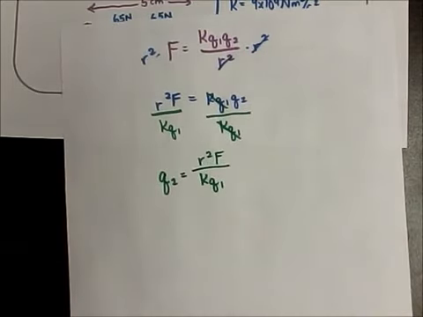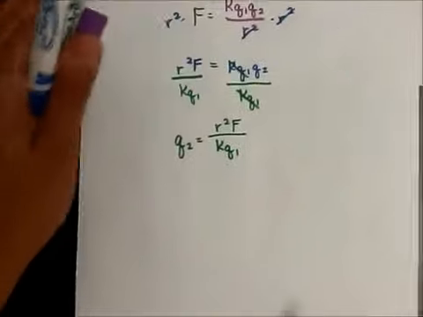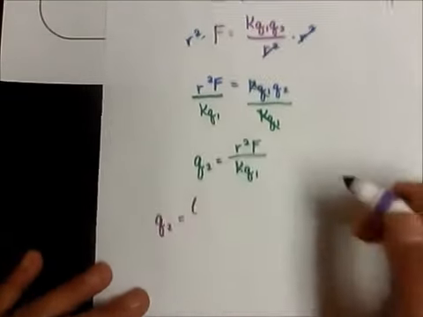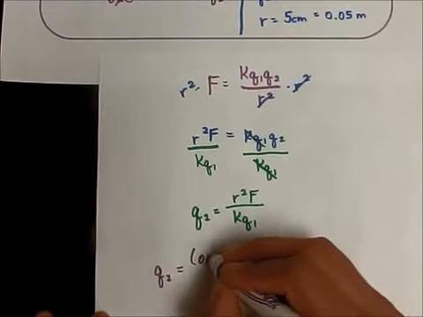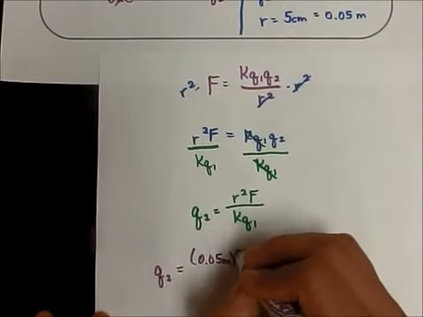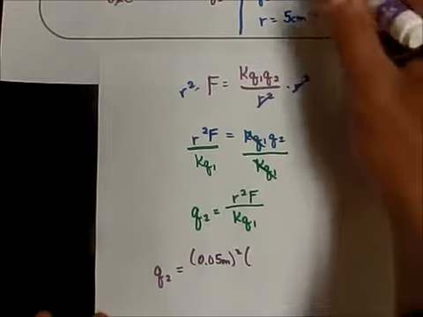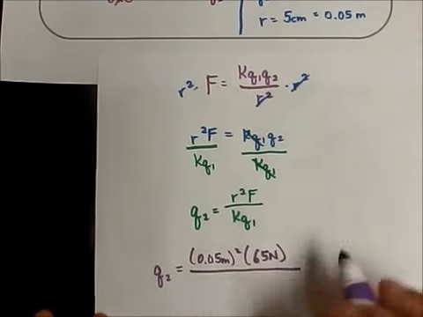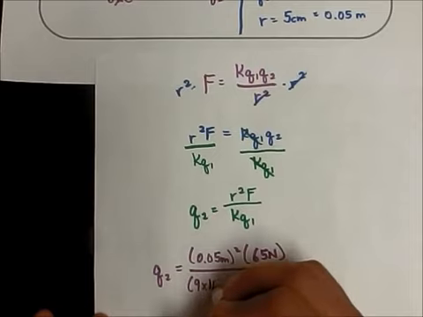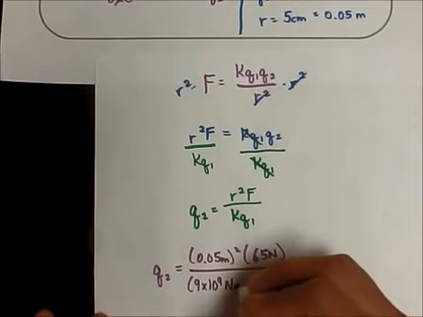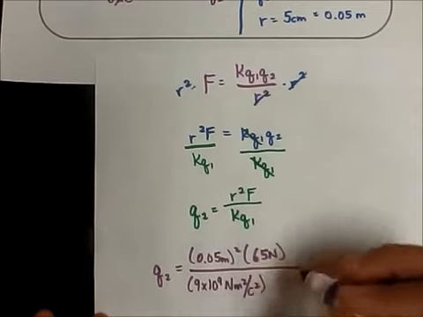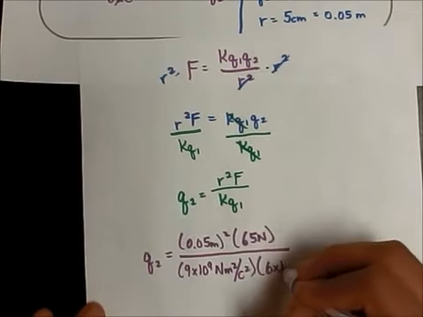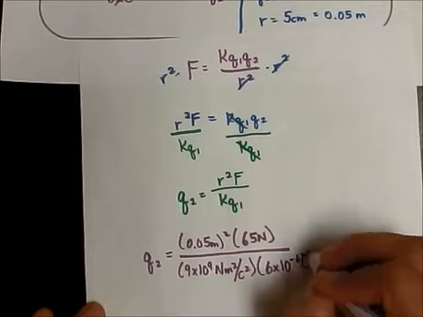Now, I'm ready to go. Q2 equals r, which we said was 0.05 meters, squared, times 65 newtons, divided by 9 times 10 to the 9th Newton meter squared per Coulomb squared, times charge 1, which is 6 times 10 to the negative 6th coulombs.